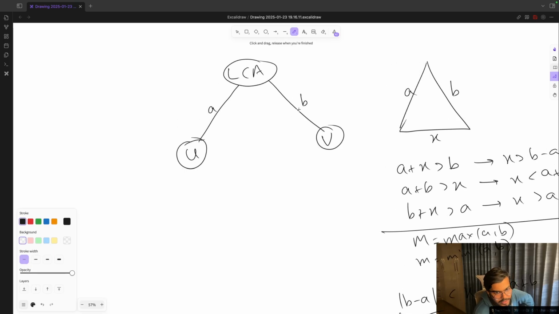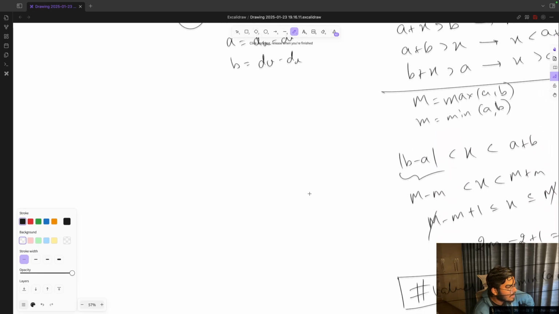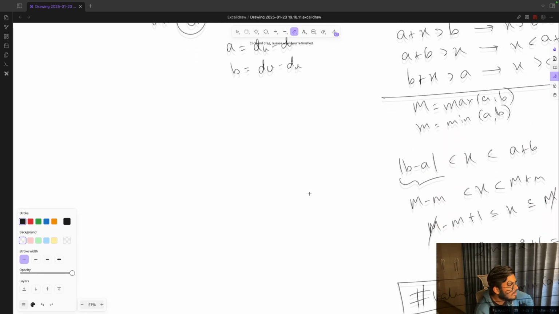Whenever we are trying to solve the question, we don't really have A and B at hand. We generally have, let's say, this is the depth of L, this is the depth of U, and this is the depth of V, right? So clearly A will be du minus dl, B will be dv minus dl, and if I put these values in here, what will we have?